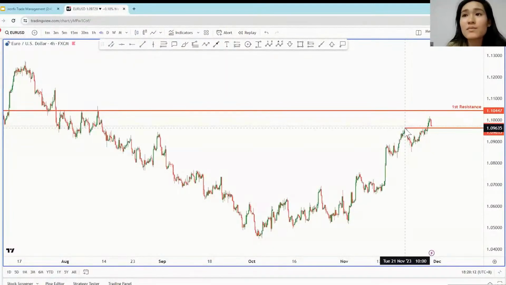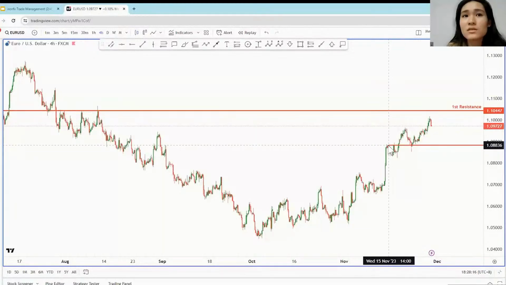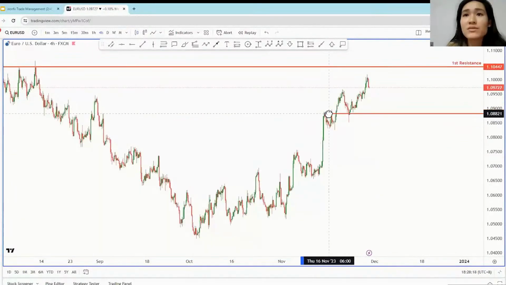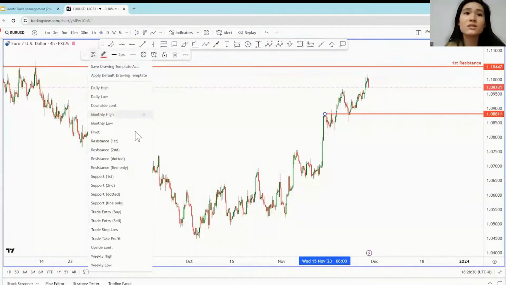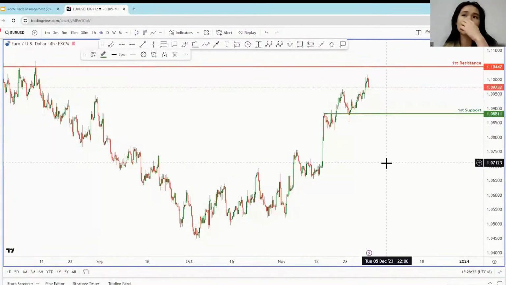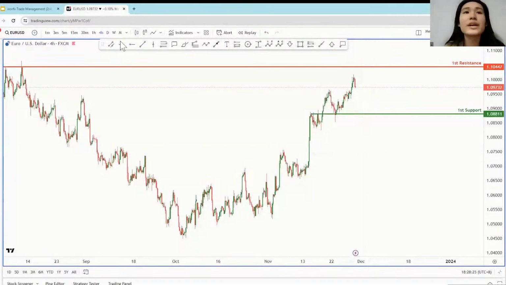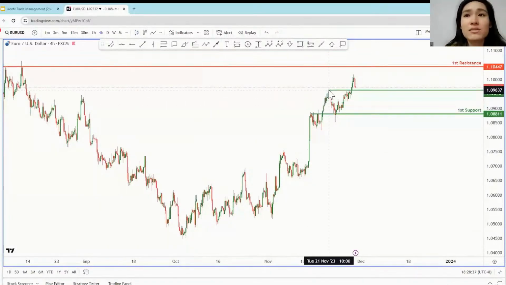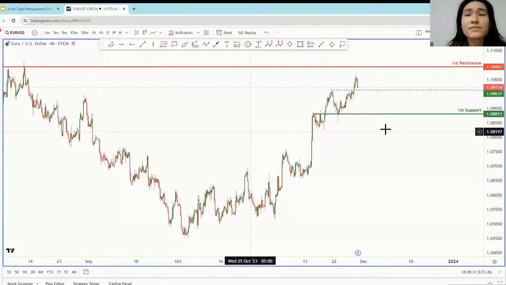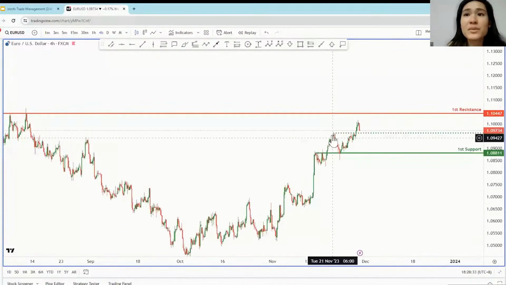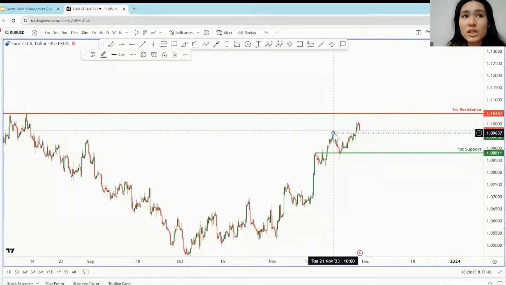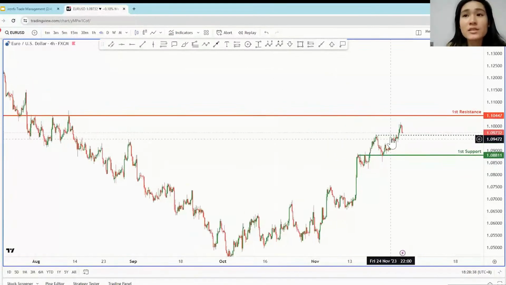Next, I'll probably place my first support over here. And then I'll place an intermediate level here as well. So this is my intermediate support level.